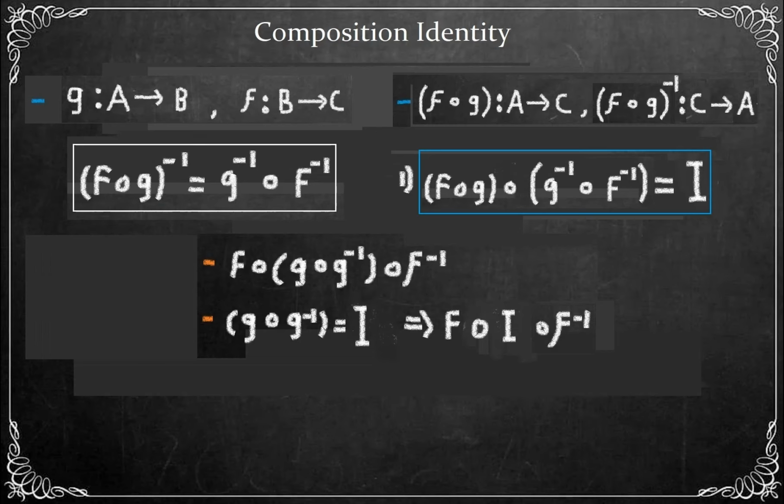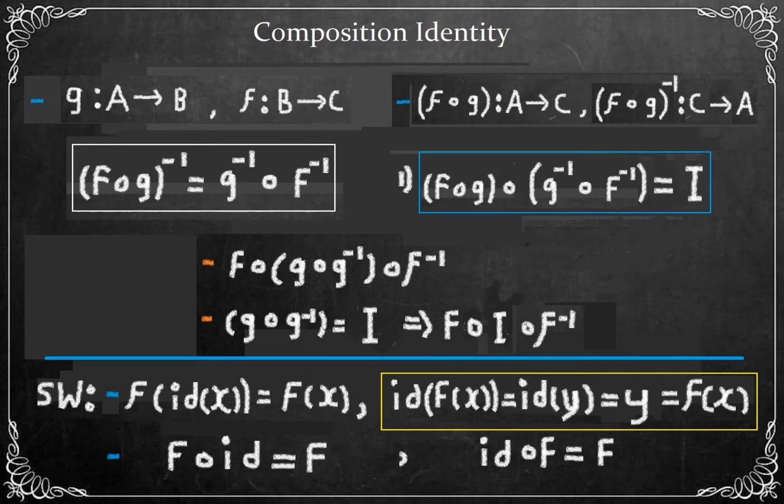First orange bullet, we use the associative property of function composition. We rearrange the parentheses. Next, we apply the composition property. We have g circle g inverse returns the identity function capital I. We get f circle capital I circle f inverse.